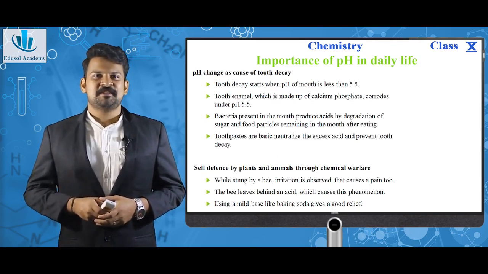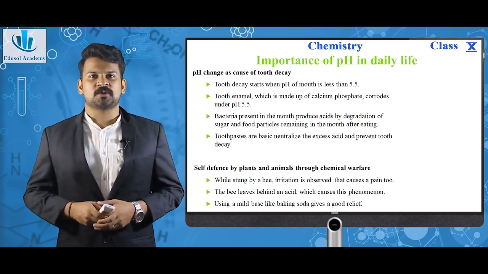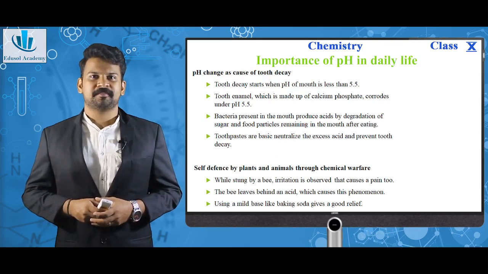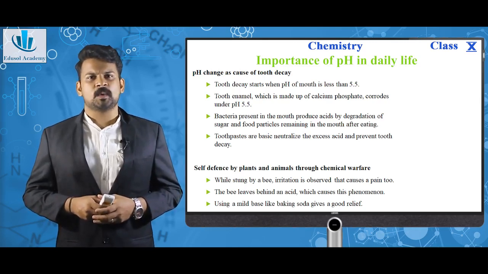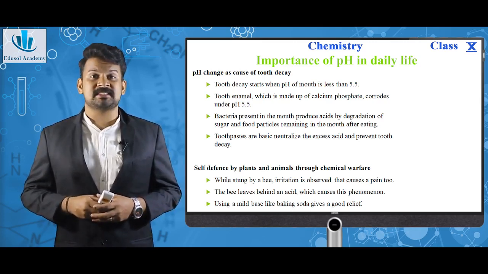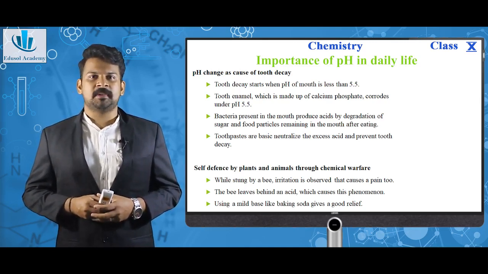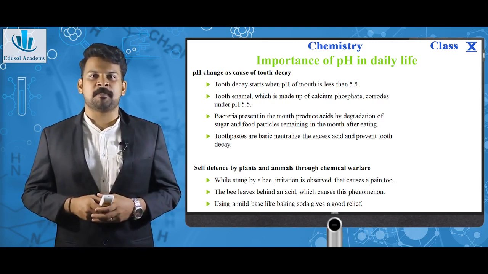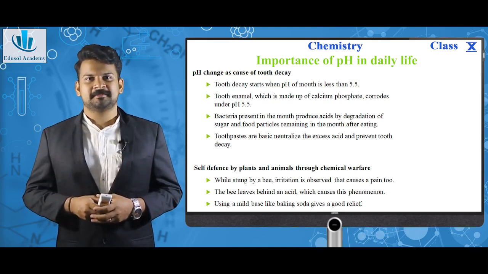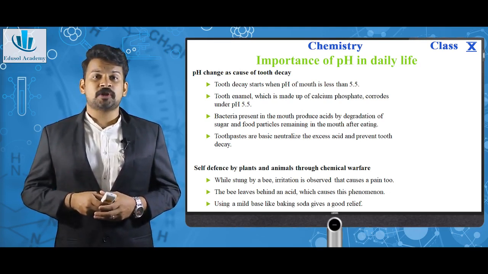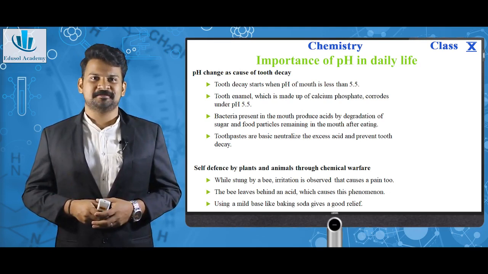Next, pH change as a cause of tooth decay. Tooth decay occurs when the pH of the mouth is less than 5.5. You all know tooth enamel is the hardest substance, made up of calcium phosphate. It corrodes below pH 5.5.